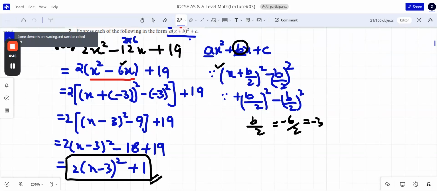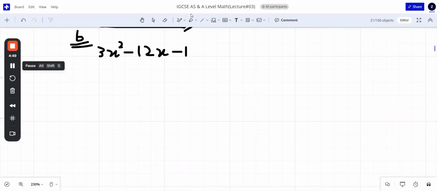Part B is 3x square minus 12x minus 1. Again we need to get the answer into the form a into (x plus b) whole square plus c.